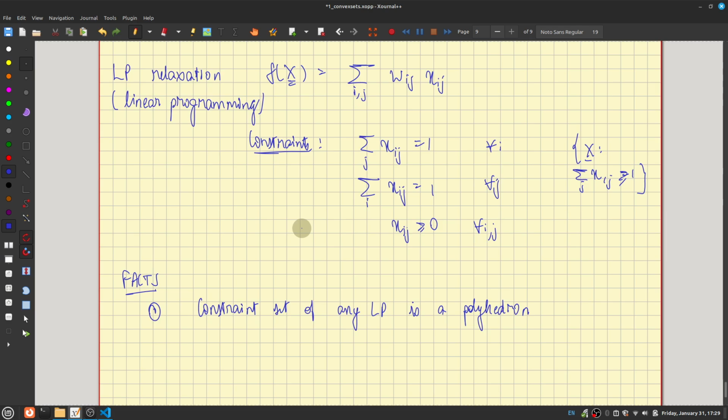Is it bounded? If you take any x that satisfies all of these constraints, can any x_ij be greater than 1? No, right? So in fact, the constraint set is bounded. Therefore, the constraint set is in fact a polytope, correct?